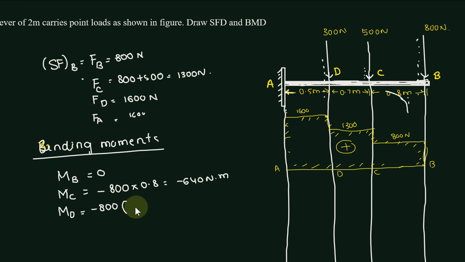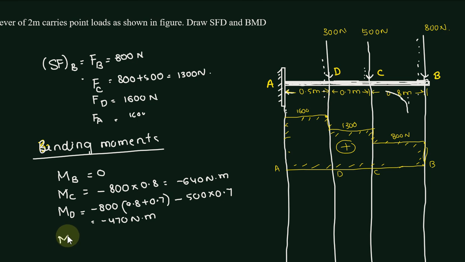The point load, that is 500 Newton, and the distance up to D, we are calculating moments about D. 500 into 0.7. So if we calculate, we will get minus 470 Newton meter.